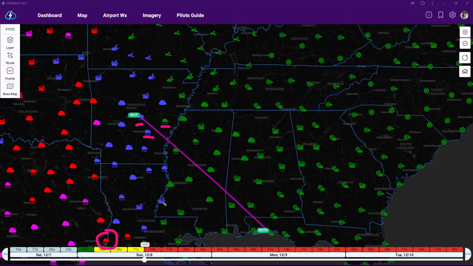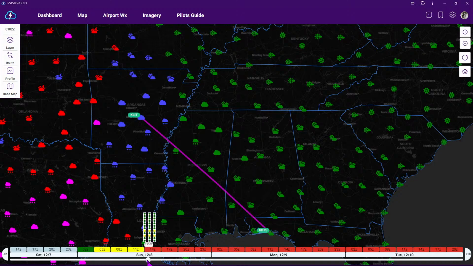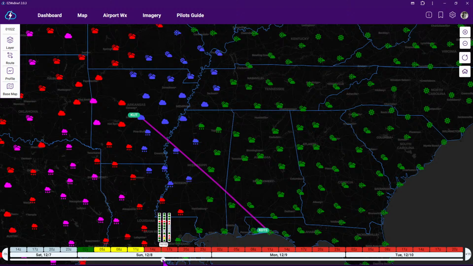So you can see immediately here, if you're departing fairly early in the morning, 12:50Z, that's probably a 6 to 7 a.m. time frame for local time. At this point, what we're going to do is watch what happens to that weather over the next several hours in the morning.